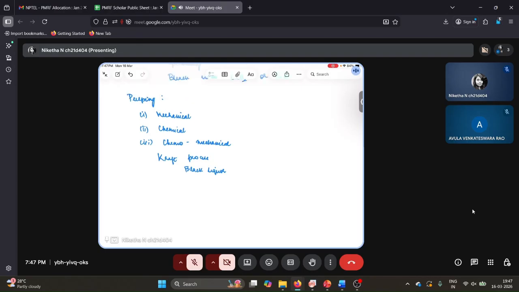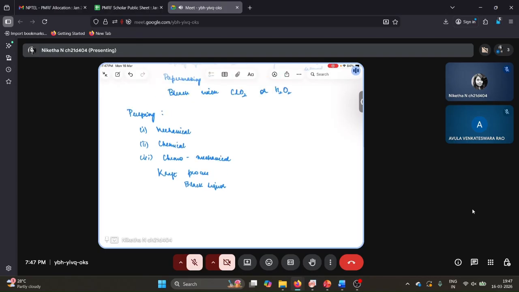In the combination process, chemomechanical, first we add some chemical agents as pre-treatment, and then we go for mechanical refining. That's why it's a combination.